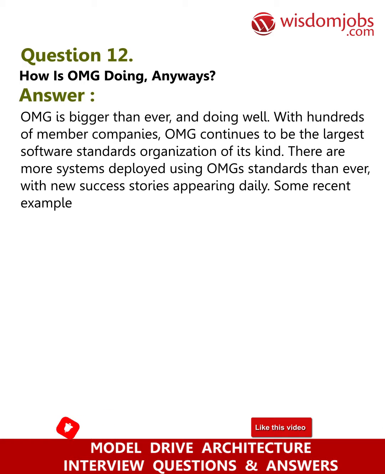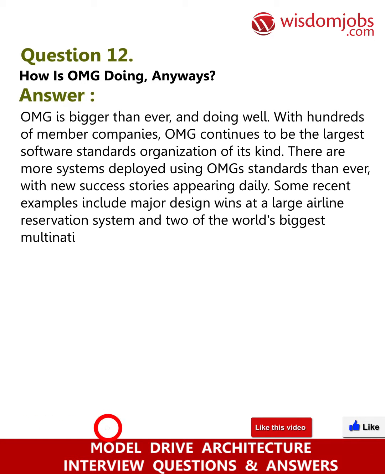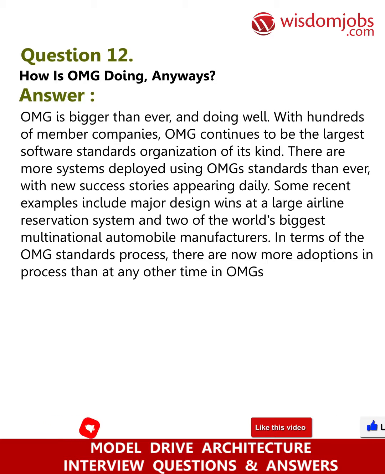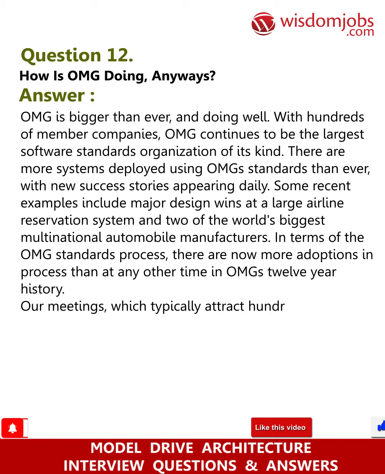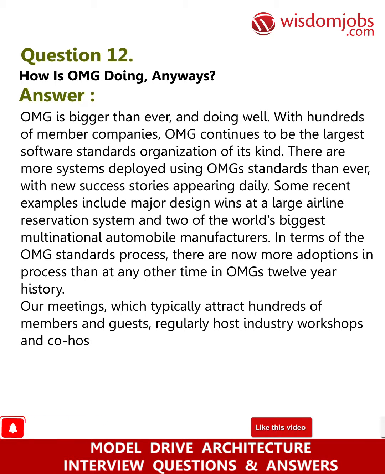Some recent examples include major design wins at a large airline reservation system and 2 of the world's biggest multinational automobile manufacturers. In terms of the OMG standards process, there are now more adoptions in process than at any other time in OMG's 12-year history. Our meetings, which typically attract hundreds of members and guests, regularly host industry workshops and co-host meetings of other organizations.